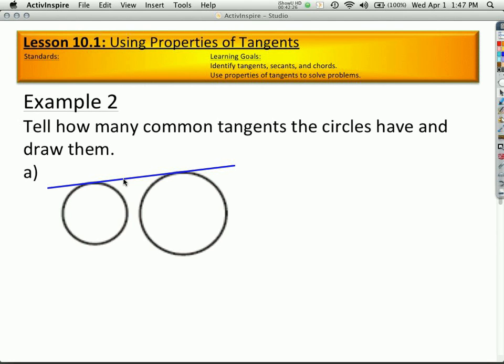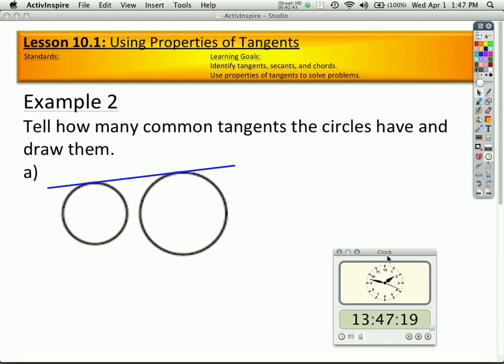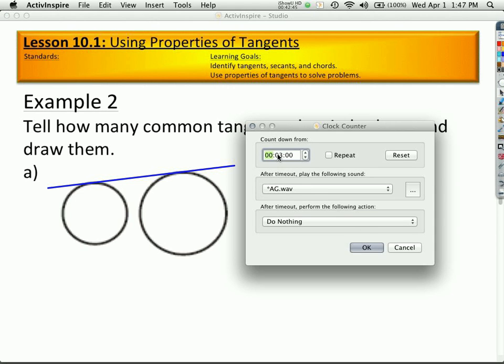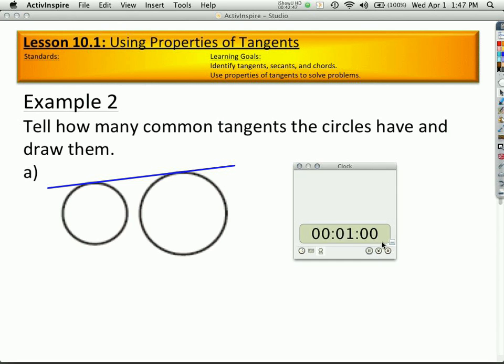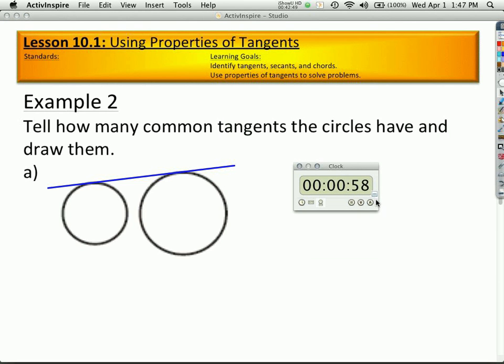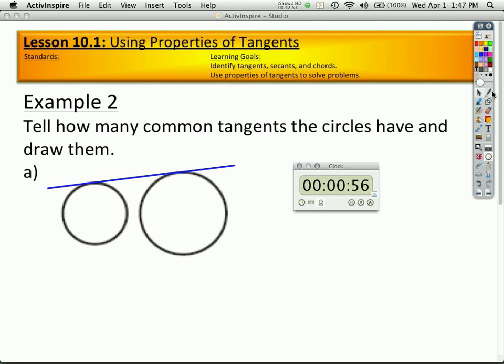So now what I would like to ask you is how many of them are there altogether? I want you to take 1 minute and try to draw all of them and see if you can figure out how many there are. In 1 minute I'm going to ask you how many and you're going to need to tell me. So take a minute to do that. Use the straight edge of the compass to draw your lines.